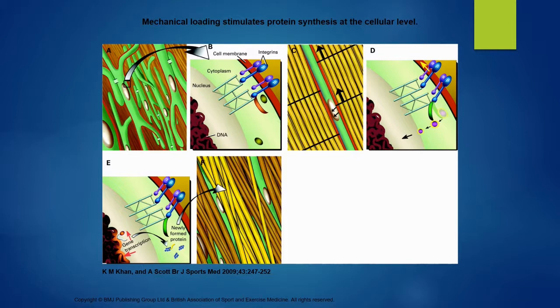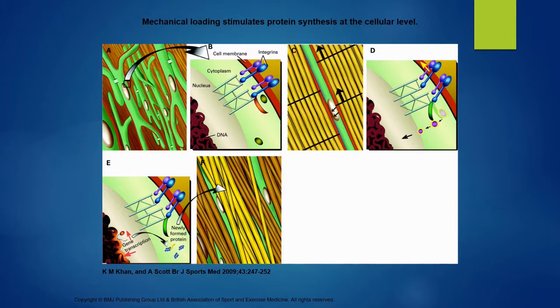So this tensile loading and the stretching of these collagen fibers causes a deformation in these integrin proteins. And they're depicting a deformation by showing that there's a force being directed along this direction, in the direction of this yellow arrow, and that causes a tilting or a deformation of these integrins.